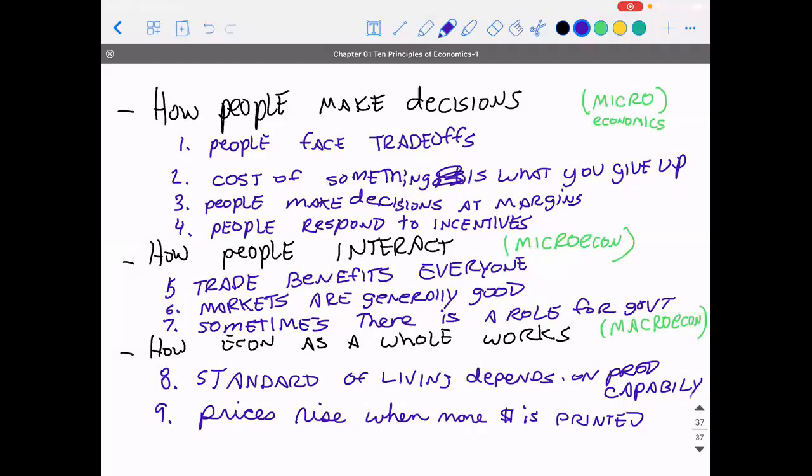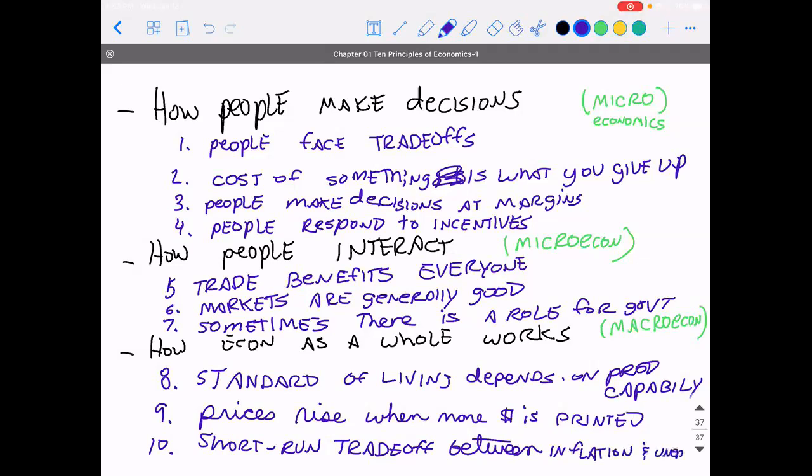And then we're going to talk about each of these 10, with the 10th one being that there is a short run trade-off between inflation and unemployment.